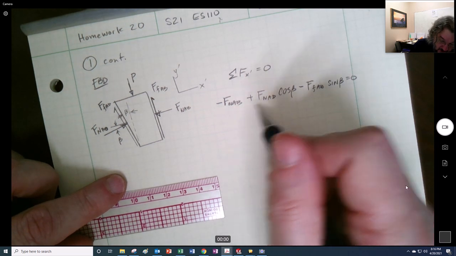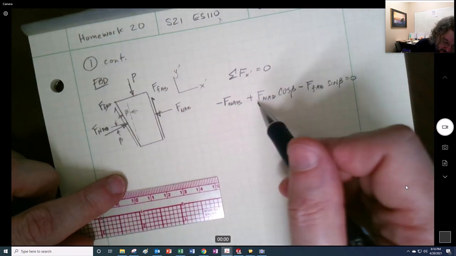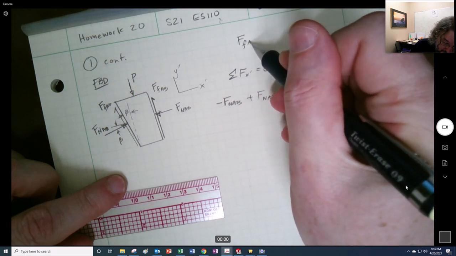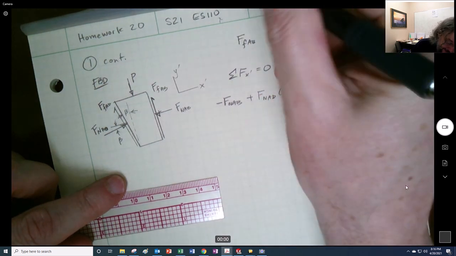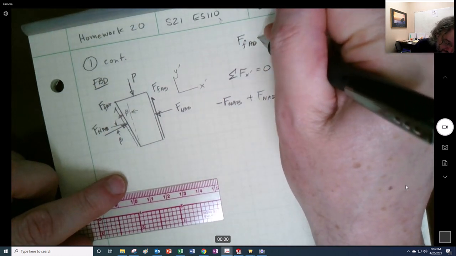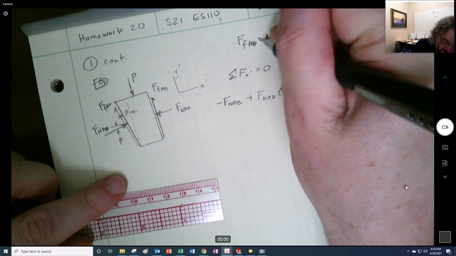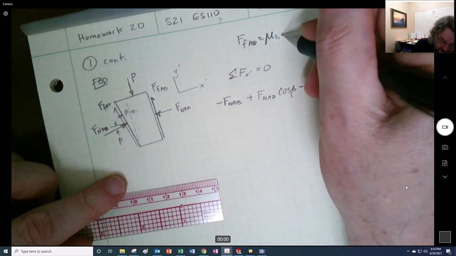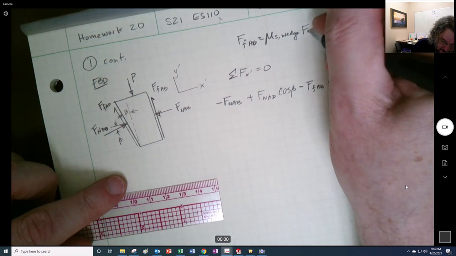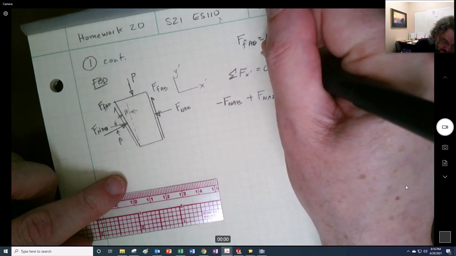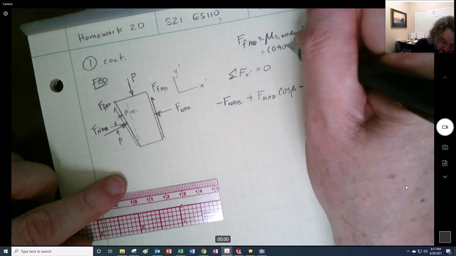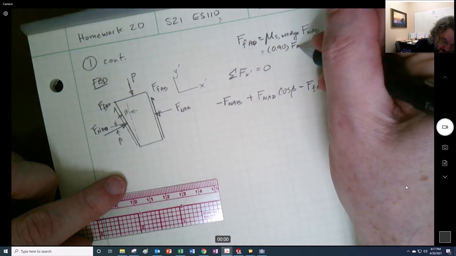We know this value, but we also know a relationship, I'll write it up here, that the FFAD is equal to mu S, and this is the wedge, times FNAD. Or 0.4 FNAD.